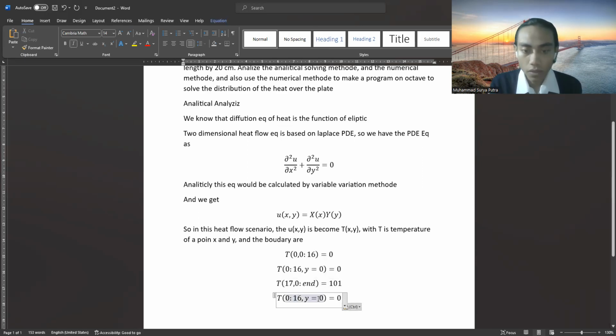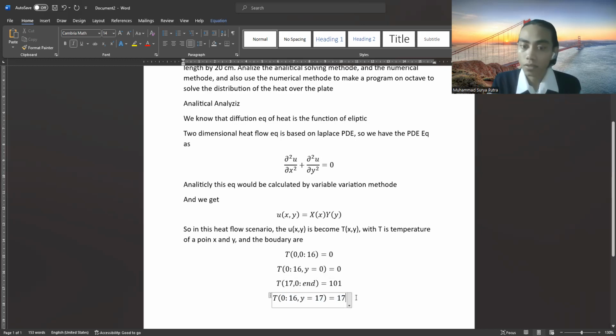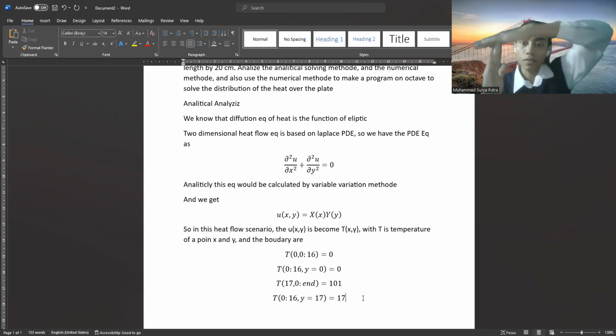And then we have this, and this is the 17. And all of it became 17. This is the top one, the top side. So we have this temperature of 17, and the side is like here.